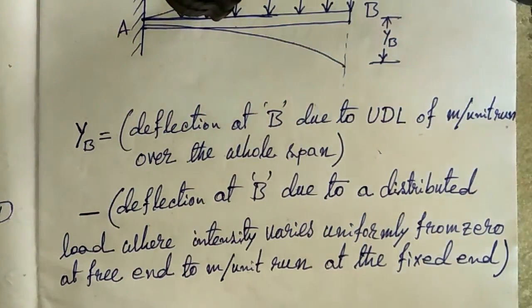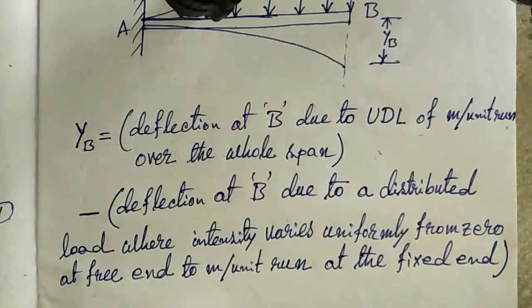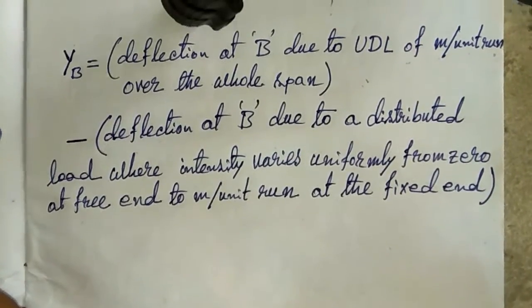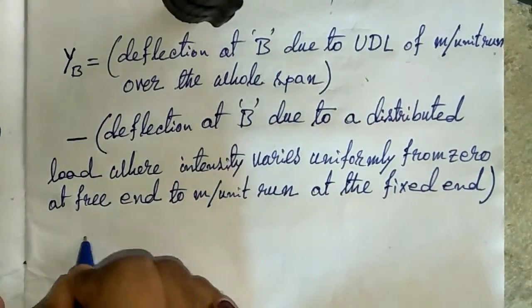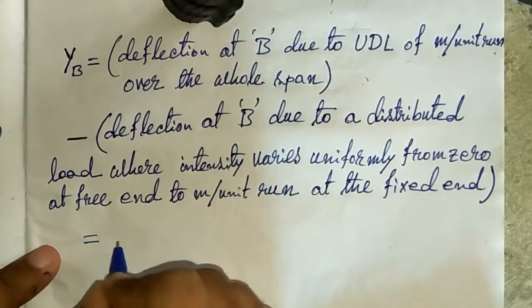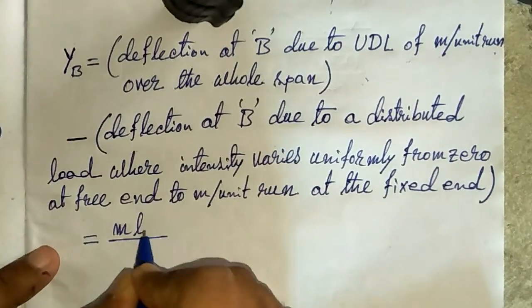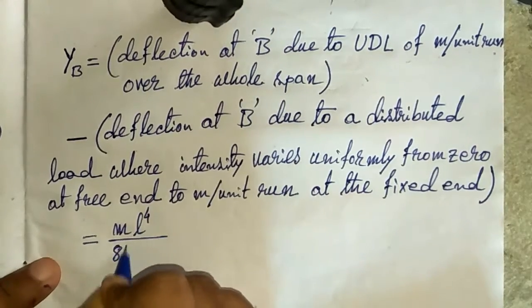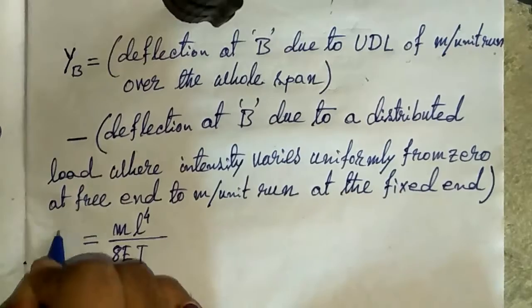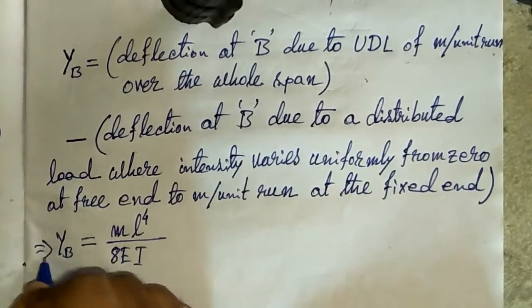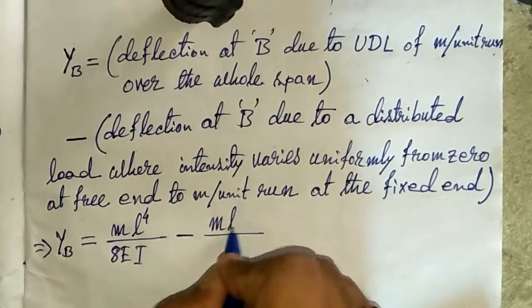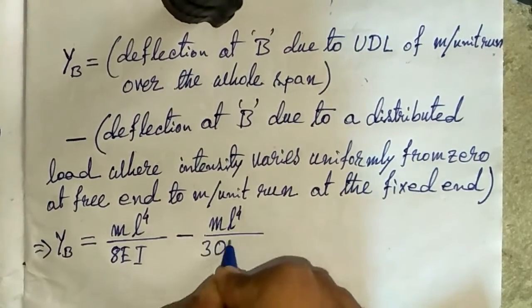So we can write YB equals ML to the power 4 by 8 EI minus ML to the power 4 by 30 EI.